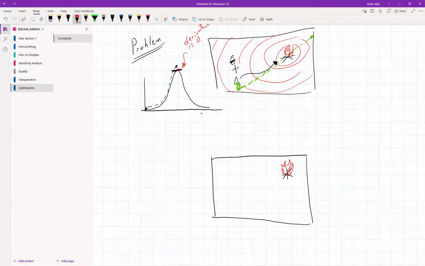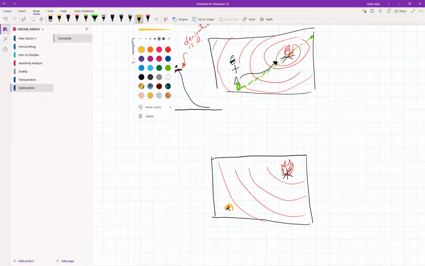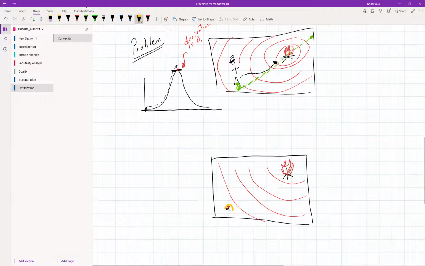And on the other end of the room, we had a small little fire, maybe even just a candle. Now, each one of these is going to give off heat, and I'll draw them in different colors. And of course, the small fire is going to give off a lot less heat, but nonetheless, it will give off heat.